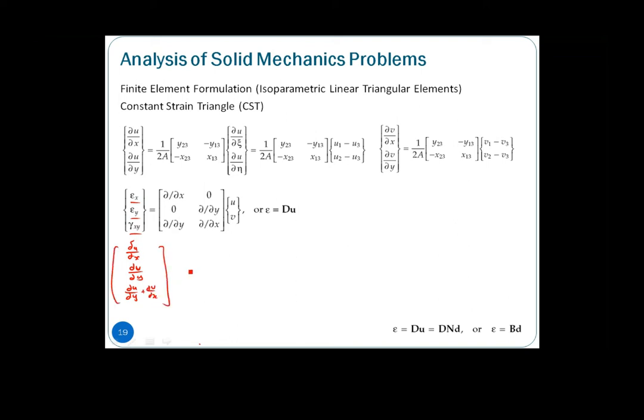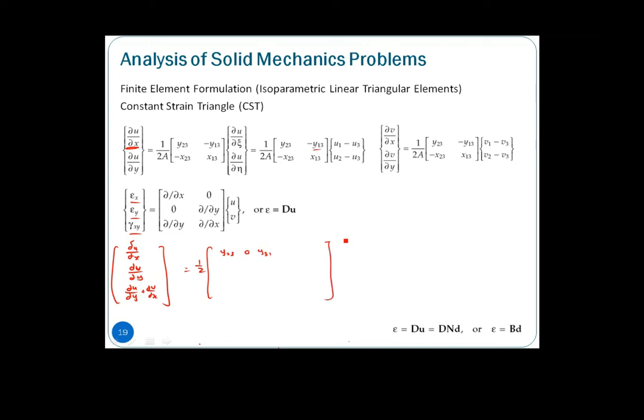We just rearrange everything, so that del u del x has a 1 over 2A factor with y23, y31 and so on.